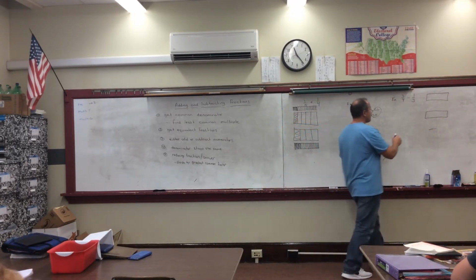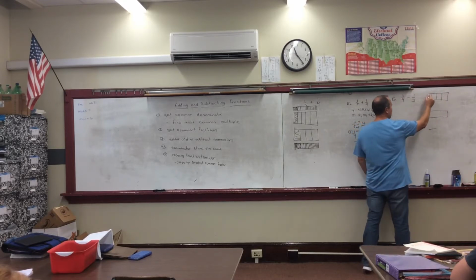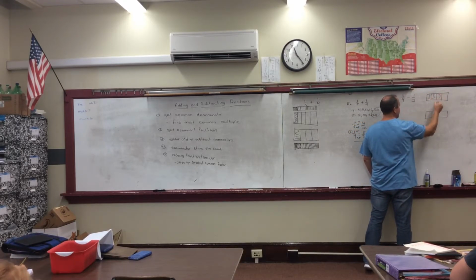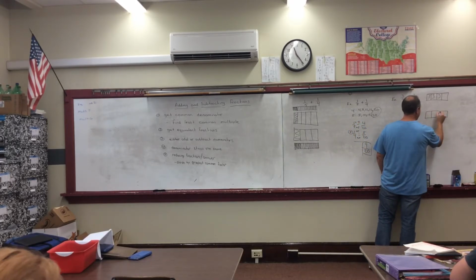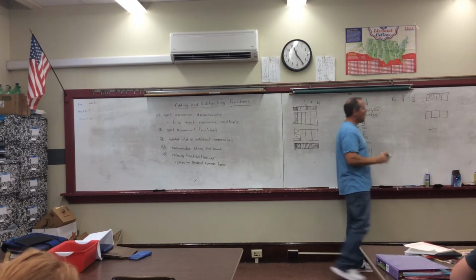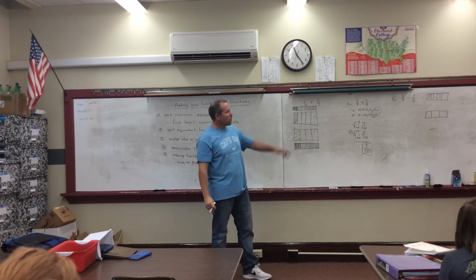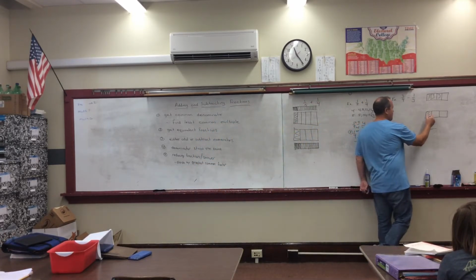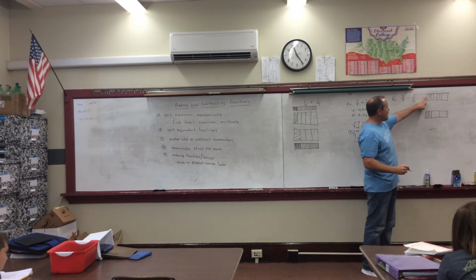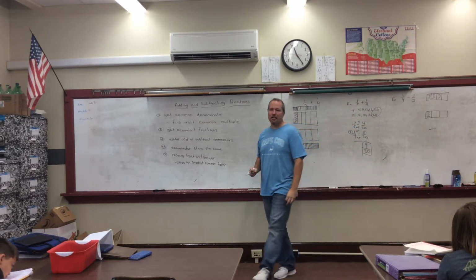This first one says 3/4, so we're going to break this into 4 sections. So 1, 2, 3, and 4, and we're going to color 3 of these sections in. This one is 1/3, so we're going to break it into 3 sections. Now all those sections are supposed to be the same size as well. Now, you notice once again, the size of the sections are different. This section is a lot smaller than this section. So we got to get the sections to be the same size.